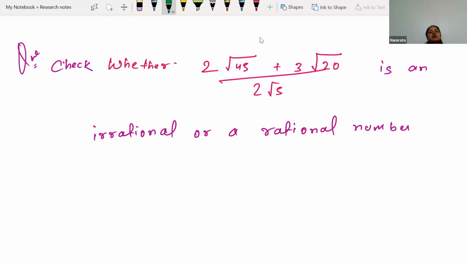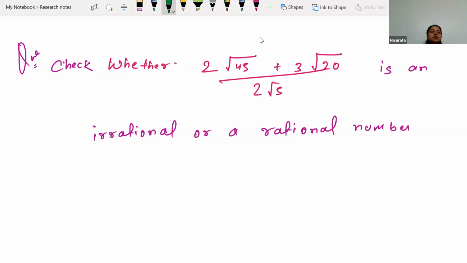One more thing you must know is that rational numbers can be terminating, and can be non-terminating also. But if it is non-terminating, it has to be repeating, a recurring decimal. And irrational numbers are numbers which are non-terminating and non-recurring also.